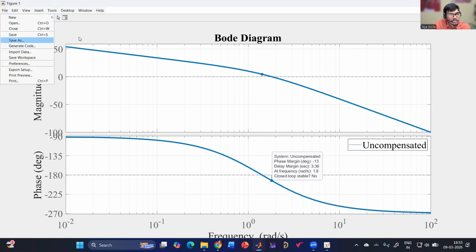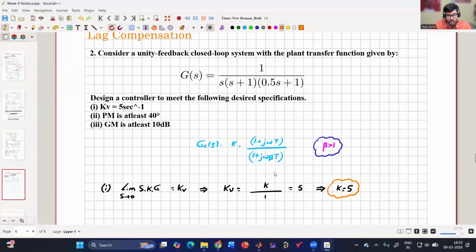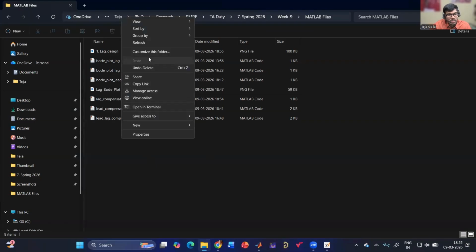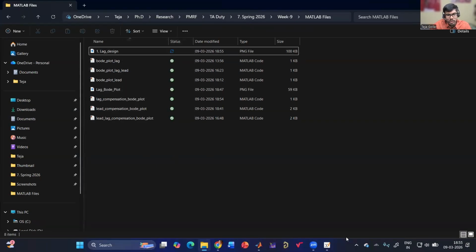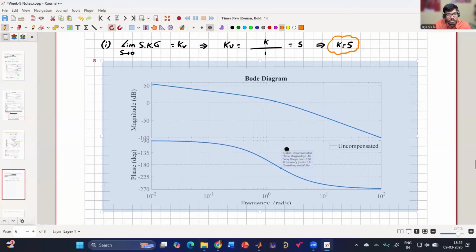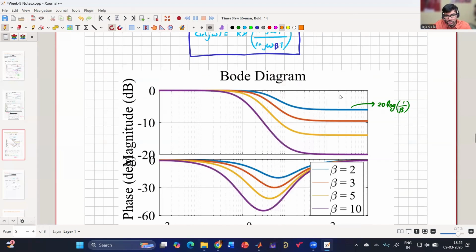So first let me save this. So what I'm going to do. Okay, so if you see this plot, I am taking advantage of this negative gain, and then I will add this to the uncompensated plant so that my gain will be reduced.